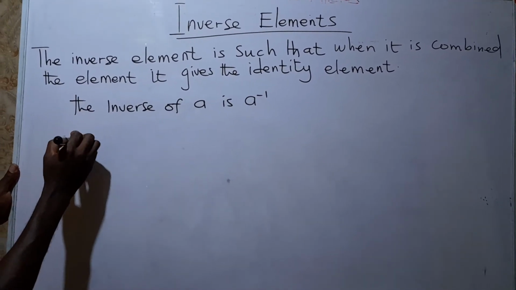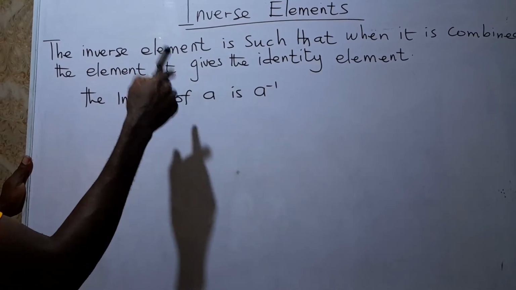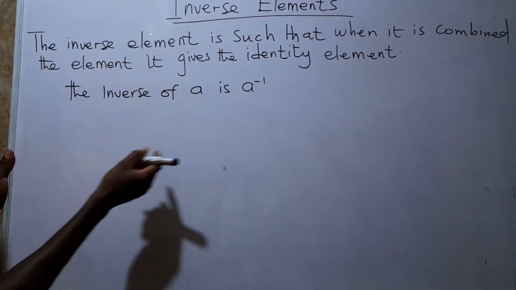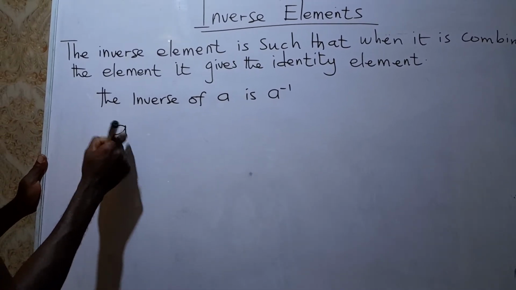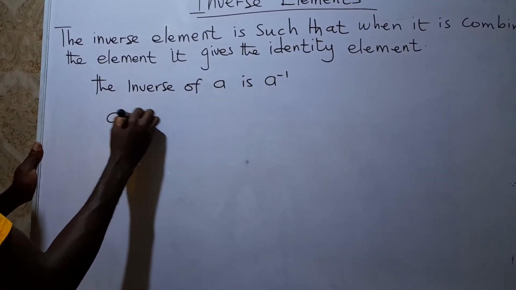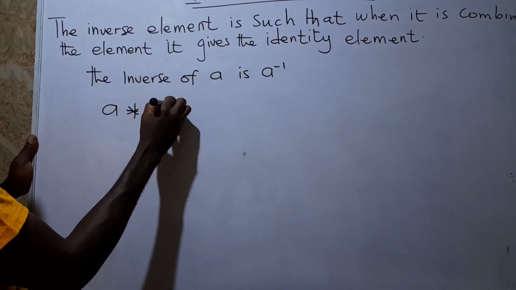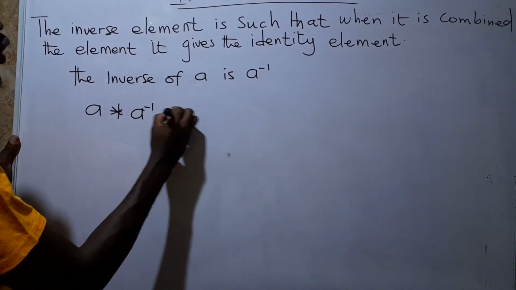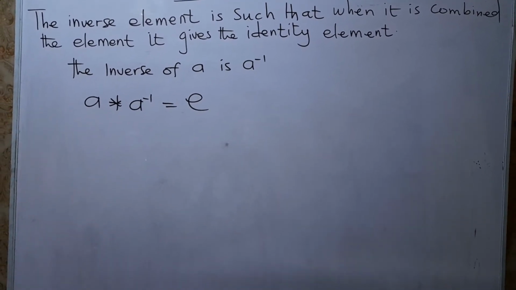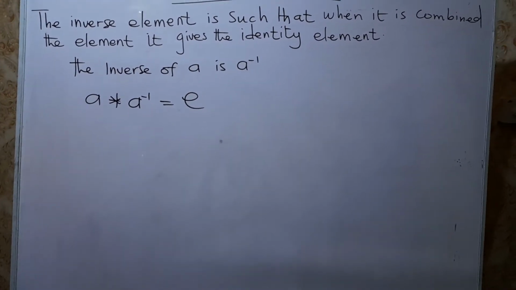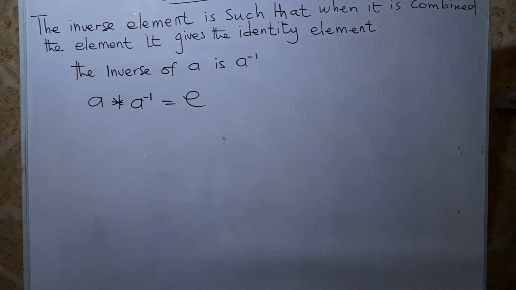So we say in a mathematical term, A operation, the inverse of A will give you the identity element. So that's how we solve this. So now we take some problems and see how we can find the inverse of an element.